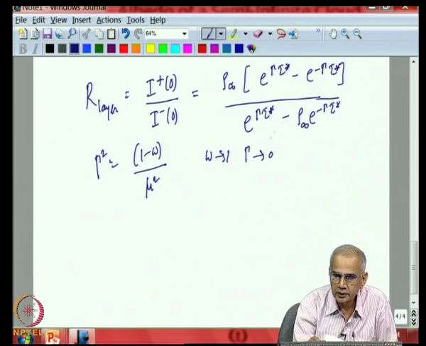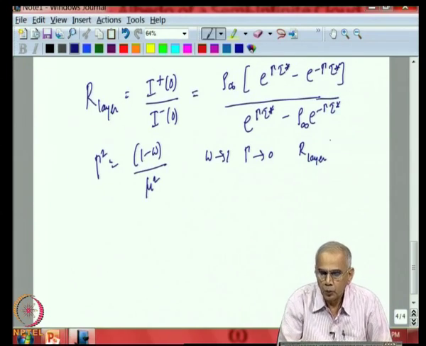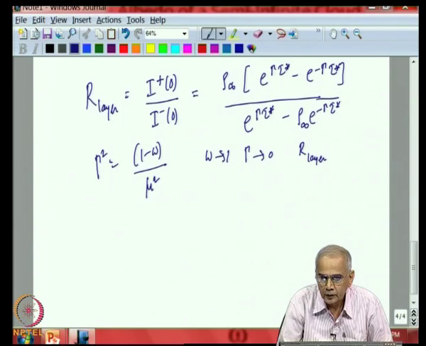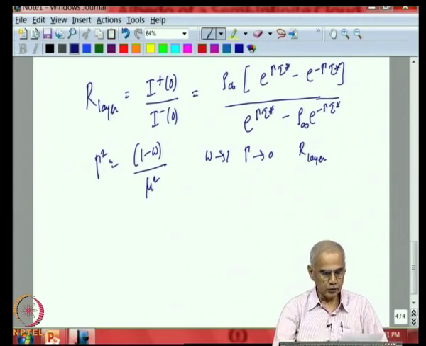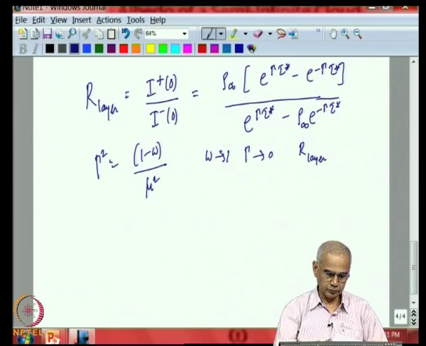So, with gamma 0, of course, the R layer would tend to 0, but you need to be careful here. You have 1 minus rho infinity here, but you have 0 on the top. So, the layer will not reflect here.